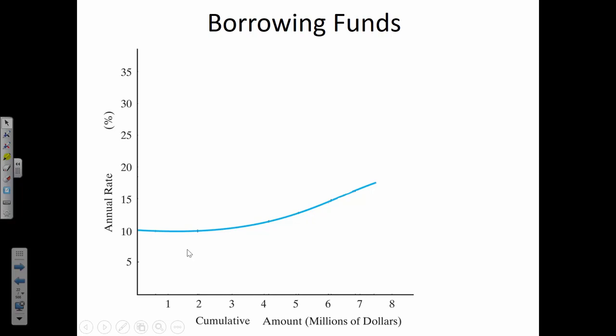And each successive $1 million, the annual interest rate is increasing. So can you think why that might be the case? Why is it that a bank would demand a higher rate of return from a company as the amount that they've borrowed goes up? There's a greater risk in giving them.